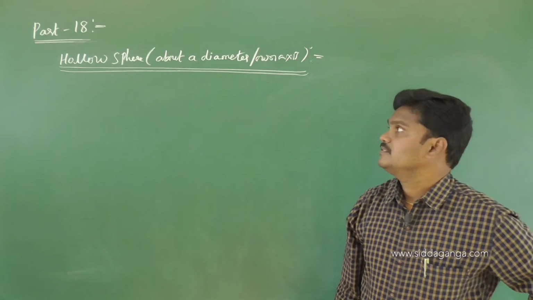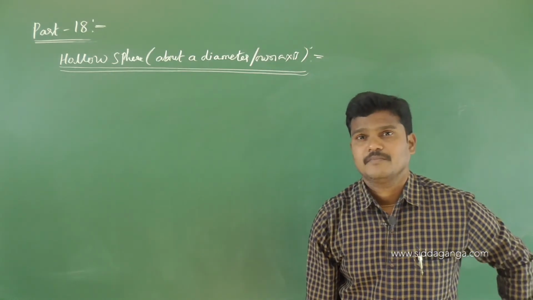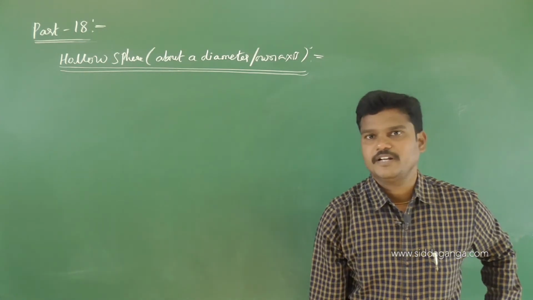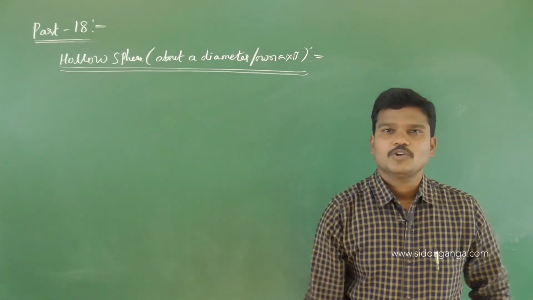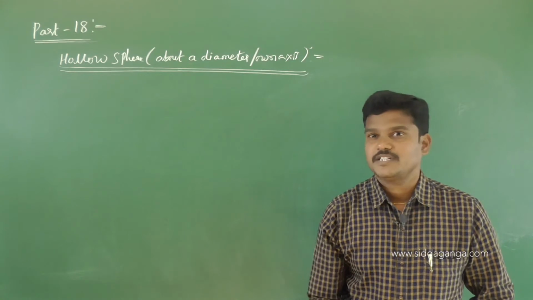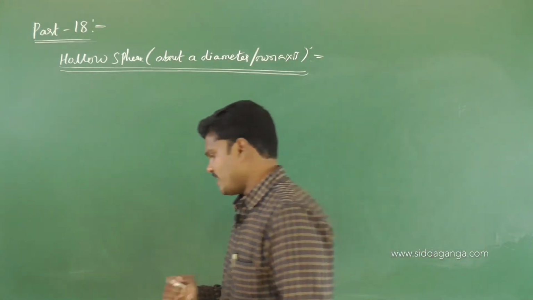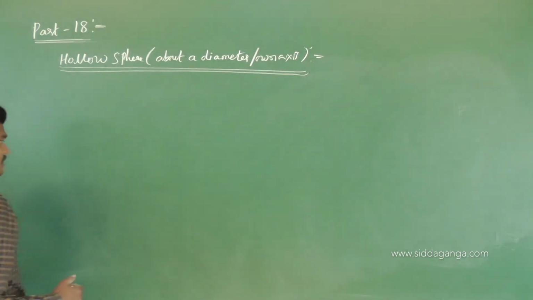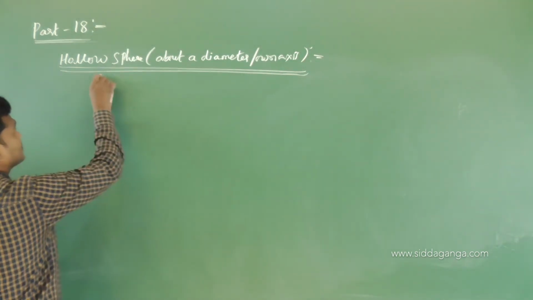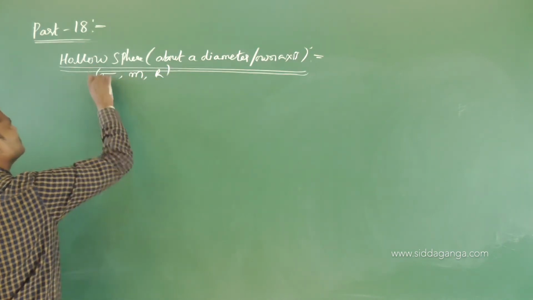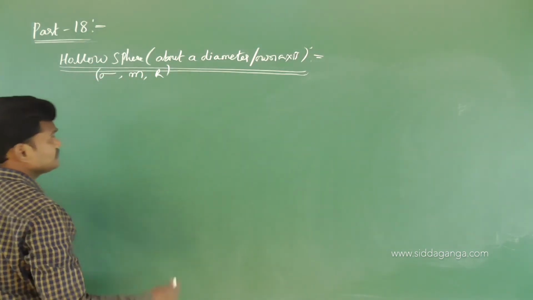See, how to get this formula. Hollow sphere means inside empty. The area of the hollow sphere is 4 pi r square, if r is the radius. So to find this, say the hollow sphere has uniform surface density sigma, mass is m, radius is r.